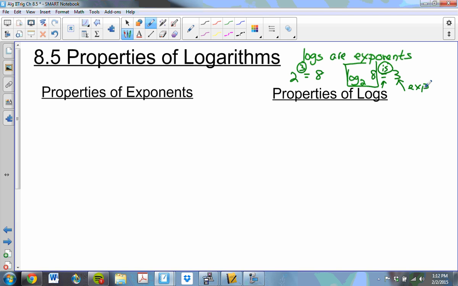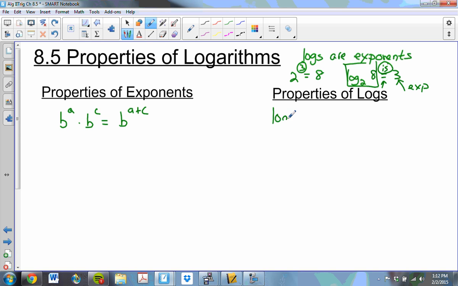Well, if I'm reminded of some properties of exponents, I know that b to the a times b to the c, the letters here are kind of weird, but I'm using b for base, becomes b to the a plus c. Multiplication became addition. Well, this goes the other direction with logs.